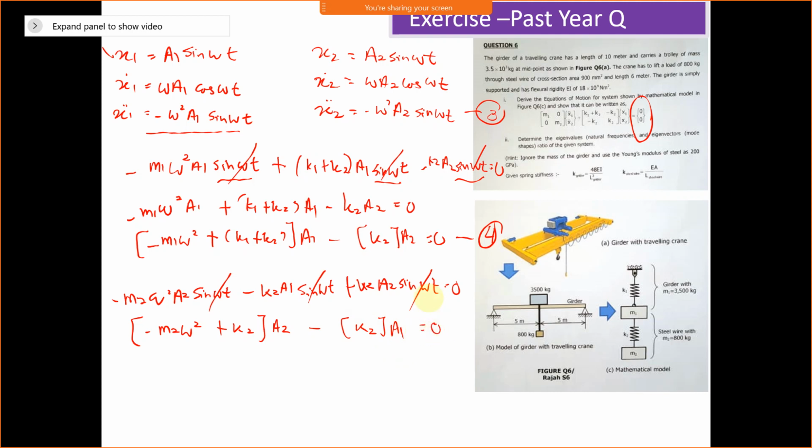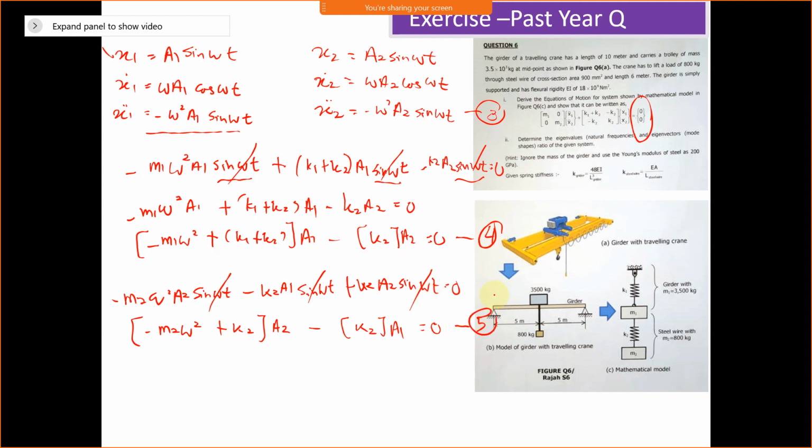So kita ada dua equation kat sini, equation number 4 and equation number 5.